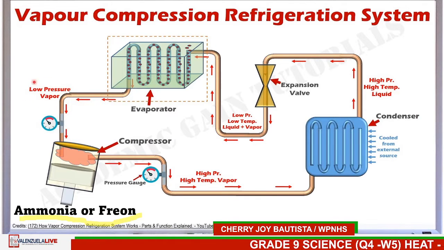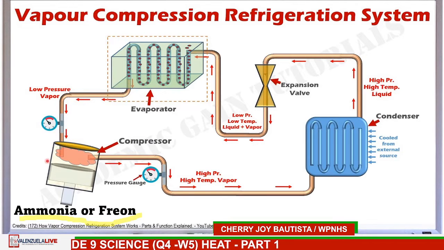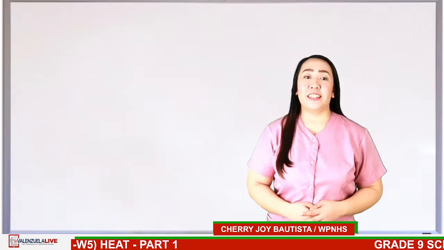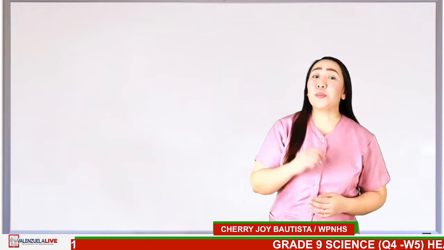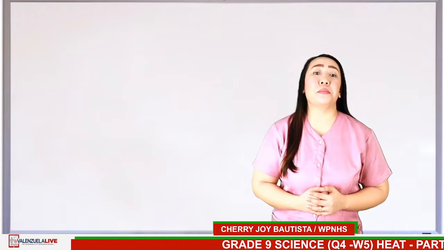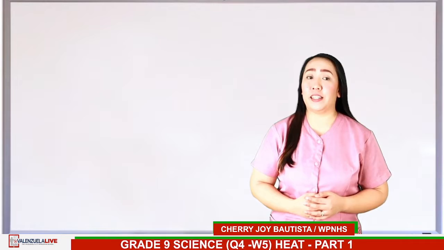After that, this low-pressure vapor refrigerant will leave the evaporator and enter into this compressor through this connected pipe, and the cycle continues. Amazing, isn't it? This process has some similarity with how an air conditioner works.